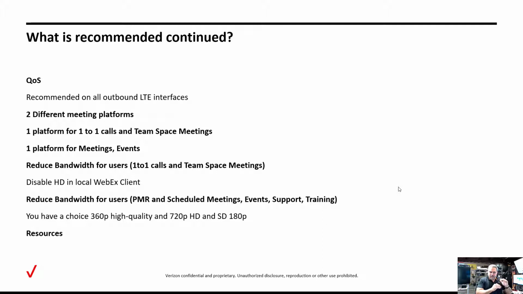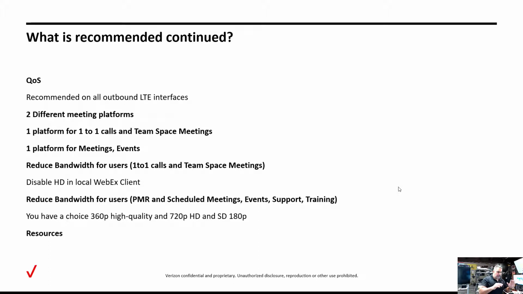However, these 2 platforms have different settings, and hopefully in the demo you can understand the difference between them. So again, what do we want to do here? We want to reduce bandwidth both on the Teams meetings and one-to-one calls, and also when we use our personal meeting room or scheduled meetings, event support training center, things like that.